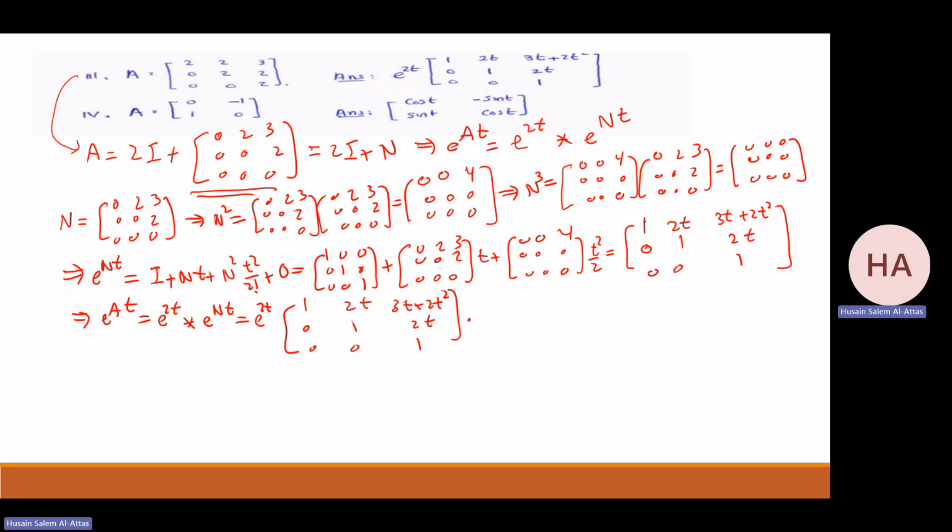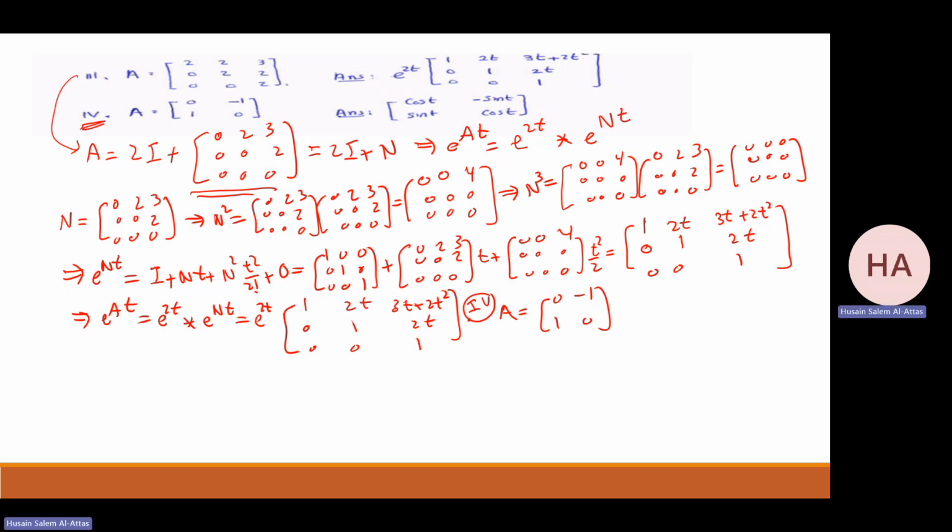Okay, now part 4. What is A? It is 0, minus 1, 1, 0. Can I do it through the nilpotent method? No, it's not nilpotent, not diagonal.